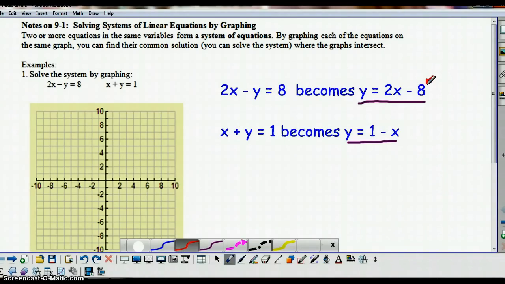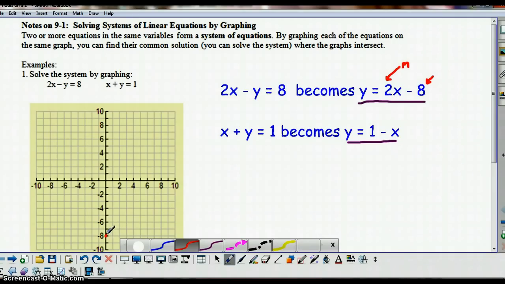Here, the y-intercept is -8, so I'm going to put a point at -8 on the y-axis, and the slope, and remember we use the letter m to represent slope, not s, but m. M is the slope here, and that's change in y over change in x.